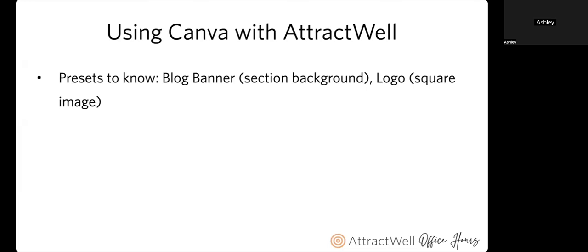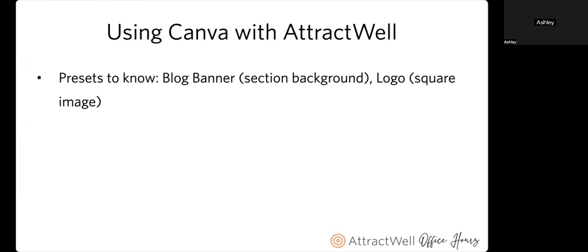So if you want to use section background images on your website, you want to design those or use images from Canva, then that blog banner preset is one of my absolute favorites, and it's going to give you the resolution size that you want in most cases. Logo is also a good one to remember, and that is just a 500 pixel by 500 pixel square image, right?